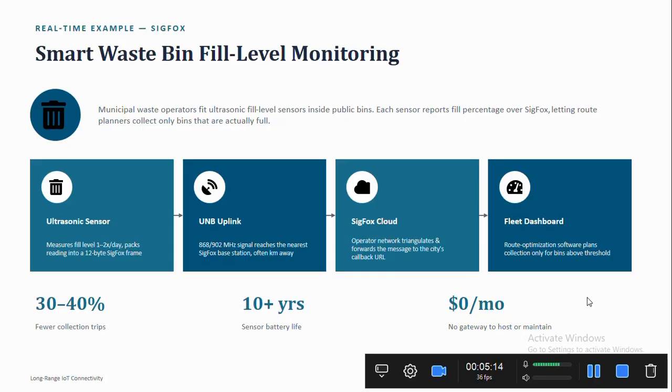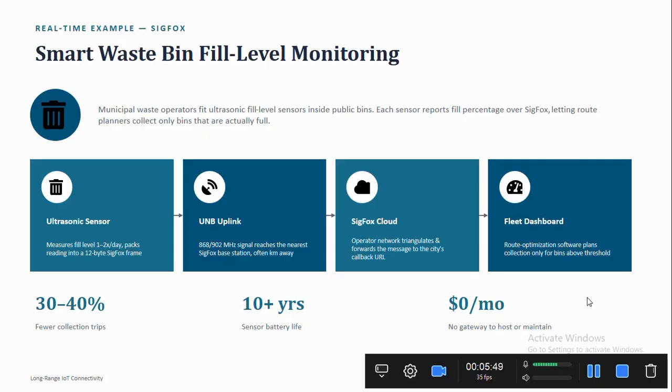This all deals with the smart waste bin fill level monitoring method, where the ultrasonic sensor has some data. That data is read one to two times a day and packed into a 12 byte Sigfox frame, and all this data goes out on a UNB uplink.